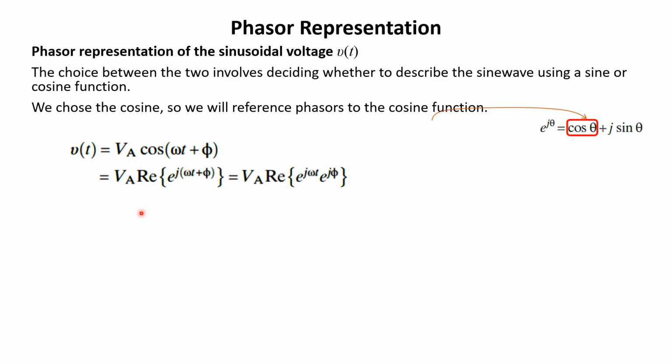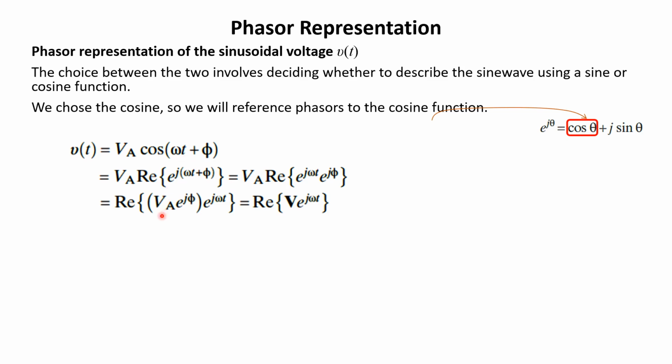So proceeding further, V_A cosine of omega t plus phi. As cosine is the real part of e^(j(omega t plus phi)), we can then show it separately as e^(j omega t) and e^(j phi). The part e^(j phi) represents phi, which is the phase angle, and e^(j omega t) represents the frequency omega.